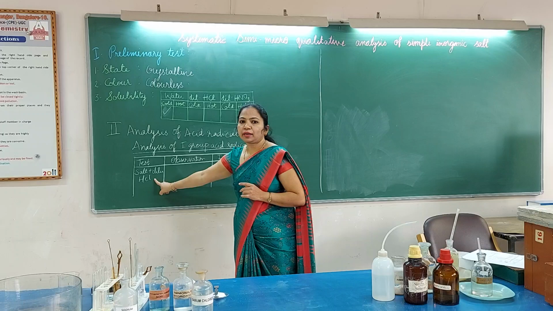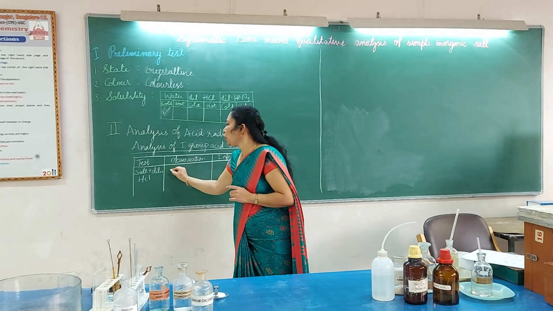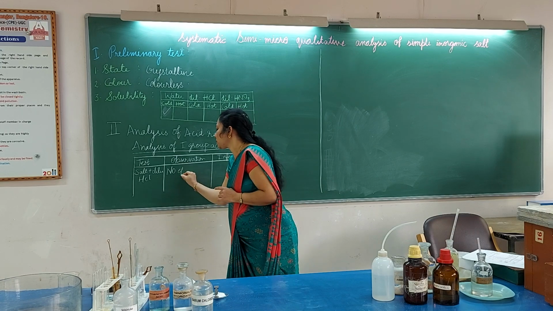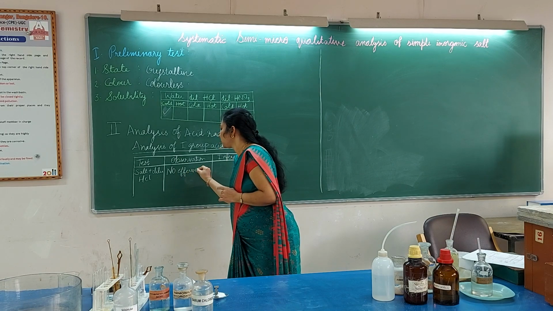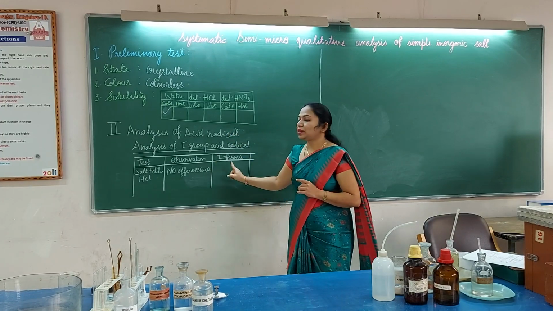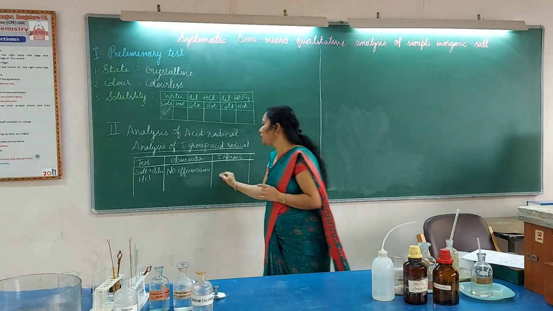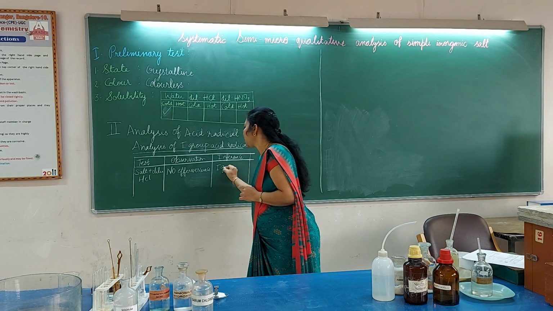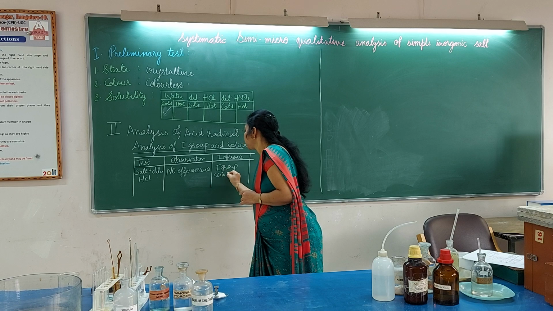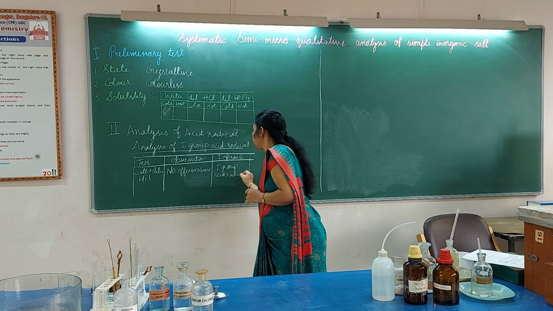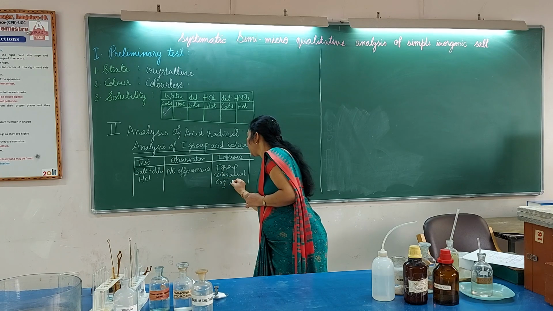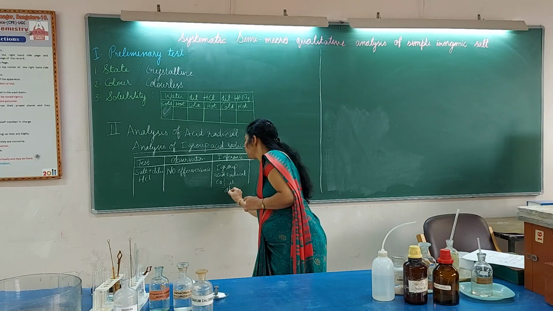When you added salt and dilute HCl, you did not get any effervescence, so you have to write no effervescence. In the inference column, you have to write first group acid radical CO3 2 minus is absent.